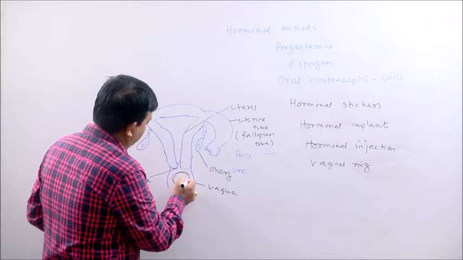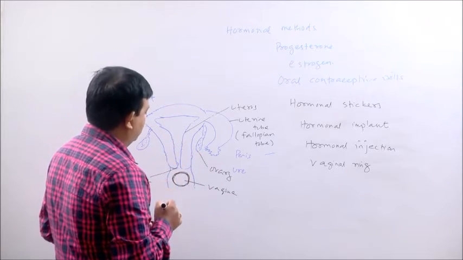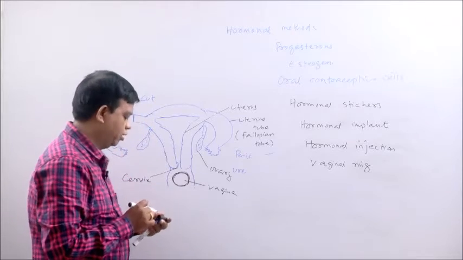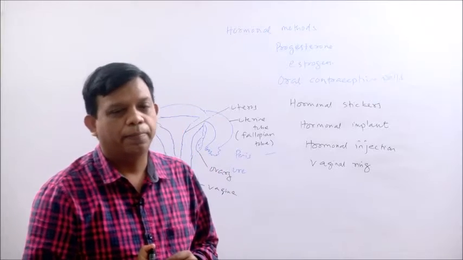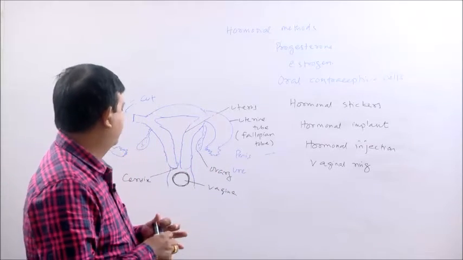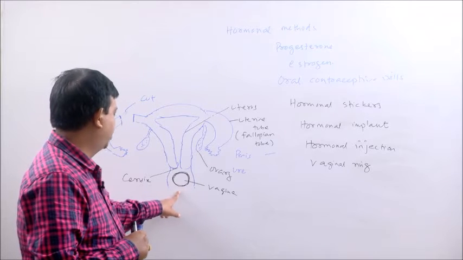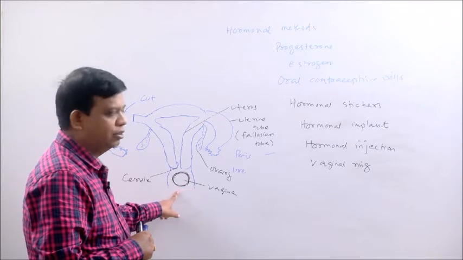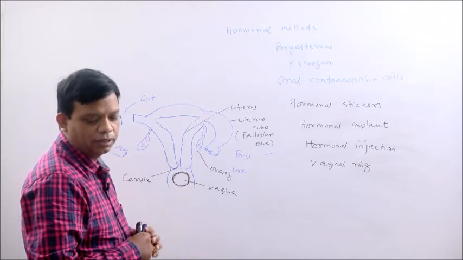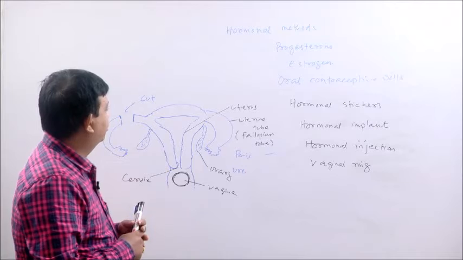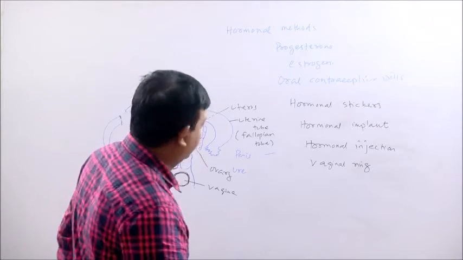It is a small flexible ring like this, and it contains the hormones, and when placed it will release the hormones within the vagina. The woman places it in her vagina for 3 weeks, then on the 4th week it is removed. Again, after a week it can be placed in the vagina. So these were the different hormonal methods available for birth control.